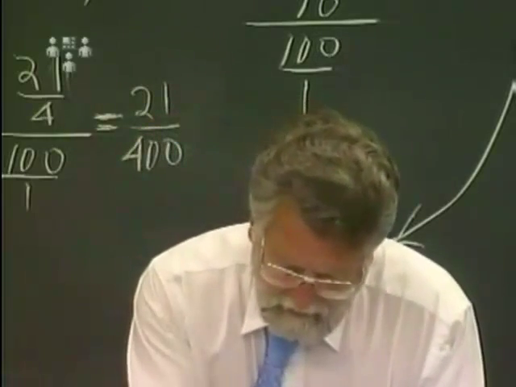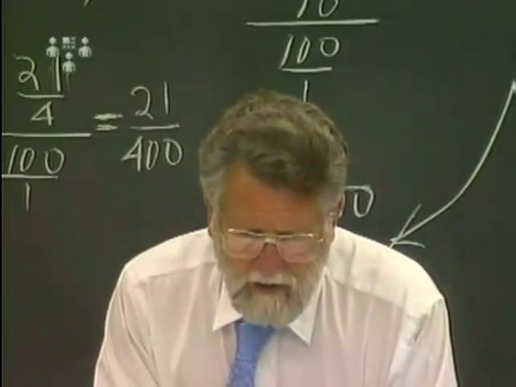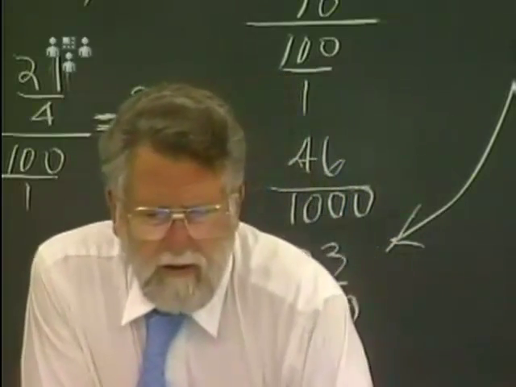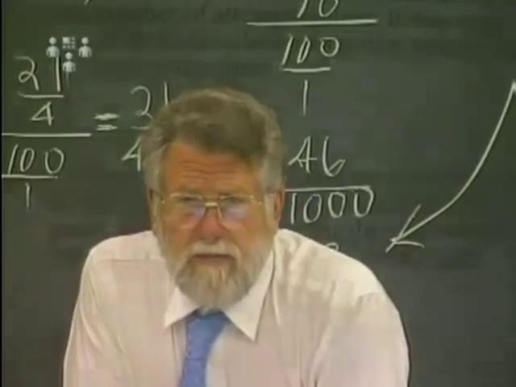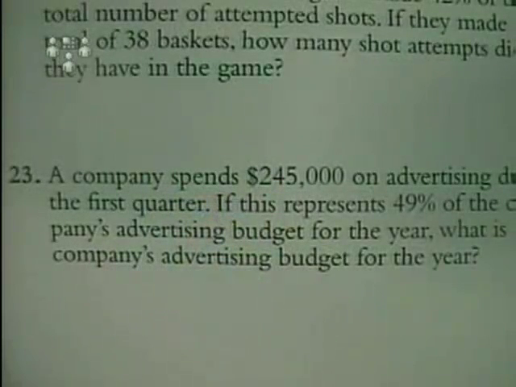I guess if I jump all the way down to problem number 23, this is a little bit better. A company spends $245,000 on advertising. Now, this is, by the way, during the first quarter. If this represents 49% of the advertising budget, what is the budget for the year? What do you not know?